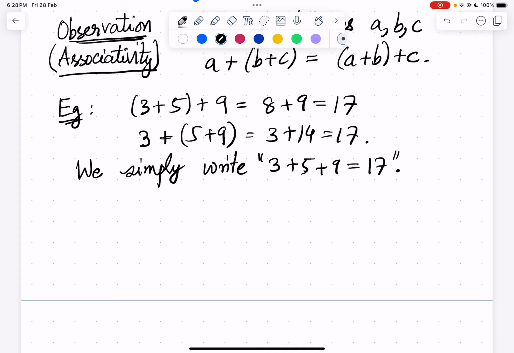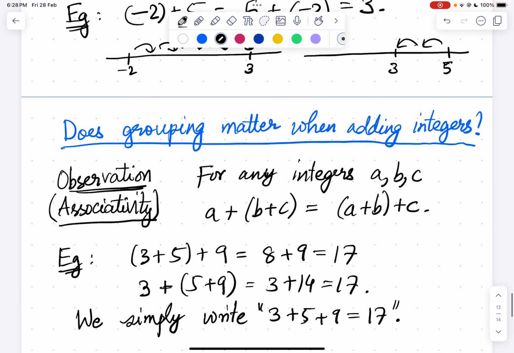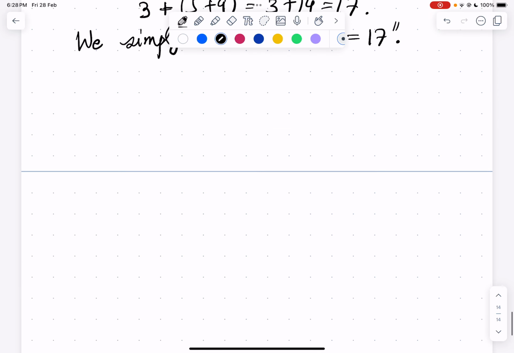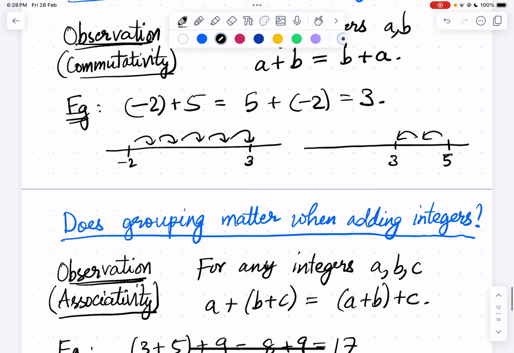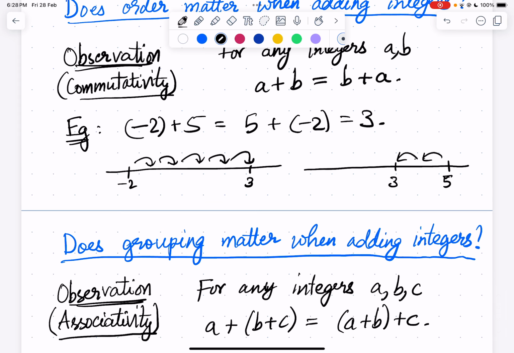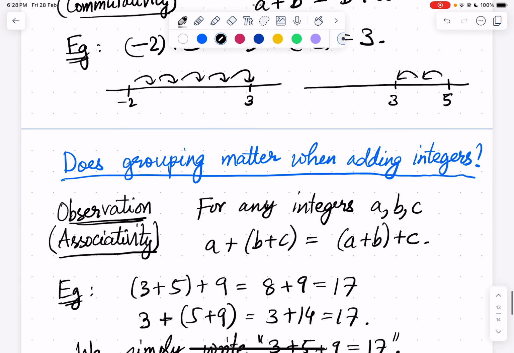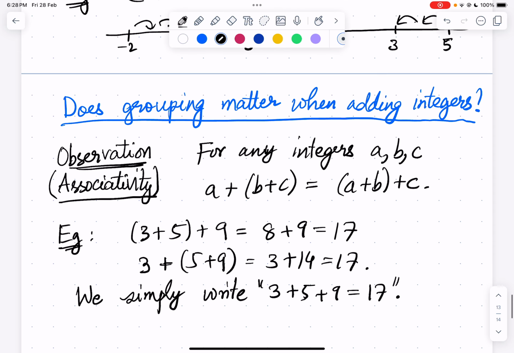And so order doesn't matter, and grouping doesn't matter. The fact that order doesn't matter is called commutativity, and the fact that grouping doesn't matter is called associativity of addition.